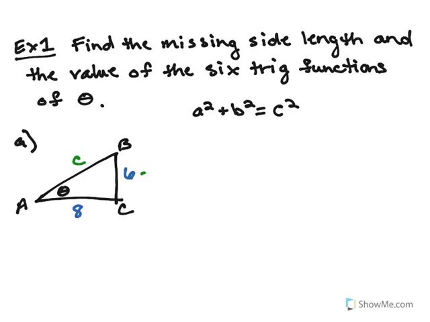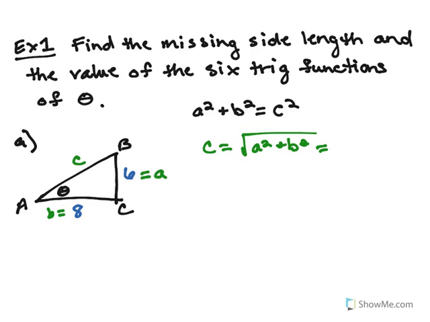A is the side opposite angle A, and B is the side opposite angle B. But it doesn't really matter, right? Because I'm just going to take the square of both of those and add them together. And if I want to solve for C, C is going to be the square root of a squared plus b squared.